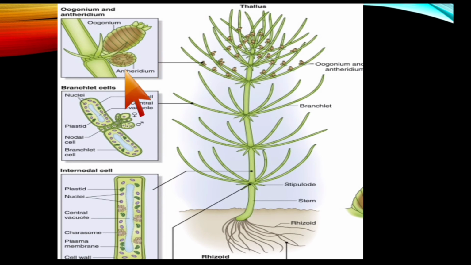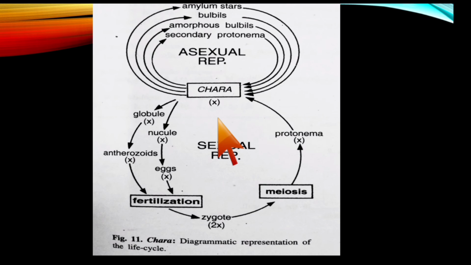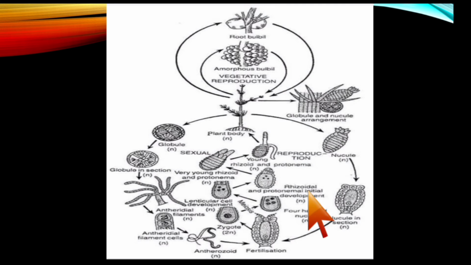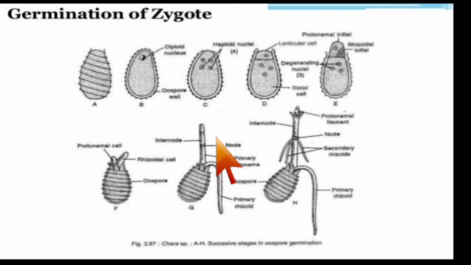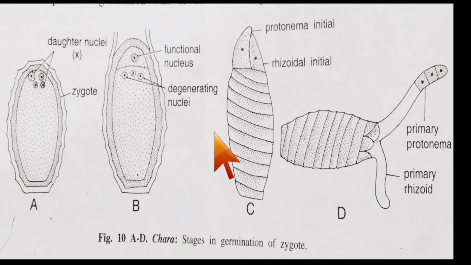And also, if you remember, in the antheridium, the spiral nature of the antherozoids, and also the mode of germination of the zygote. We had already discussed how this zygote germinates.